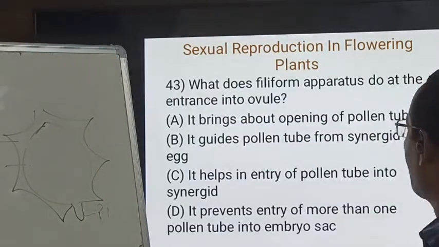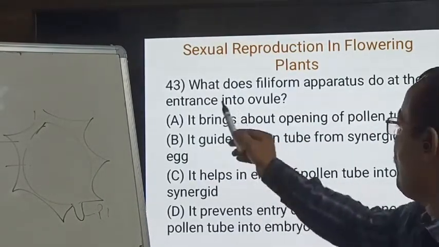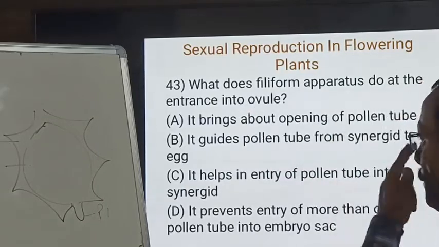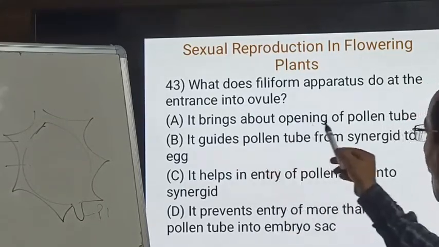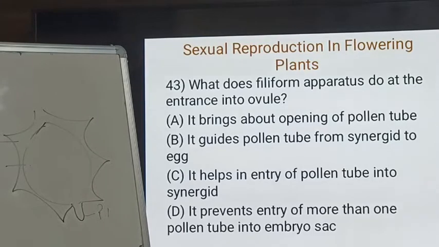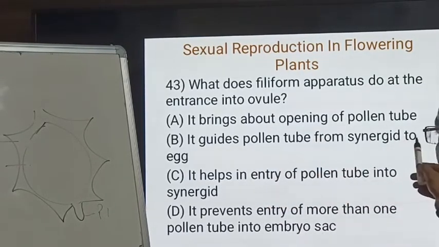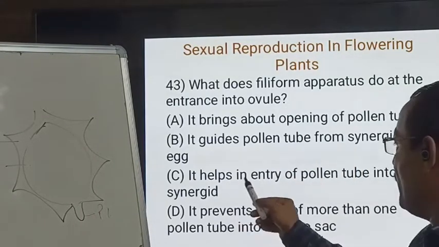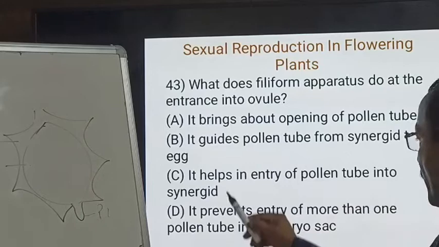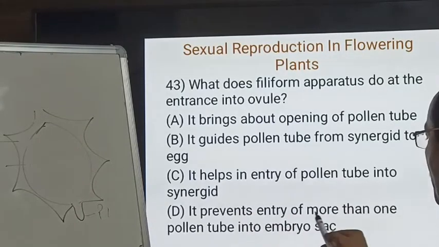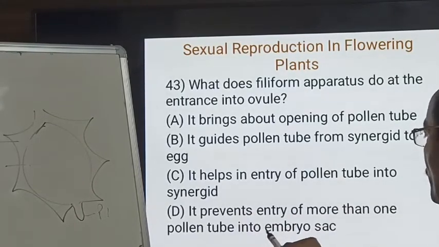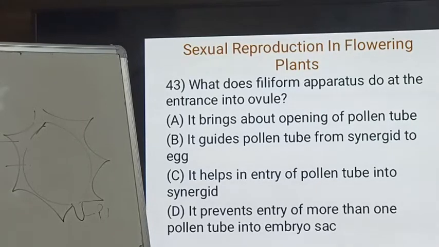What does the filiform apparatus do at the entrance into the ovule? It brings about the opening of the pollen tube. It guides the pollen tube from synergid to egg cell. It helps in entry of the pollen tube into synergid. It prevents the entry of more than one pollen tube into the embryo sac.